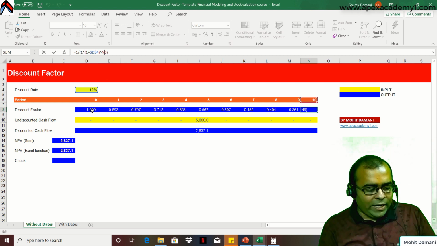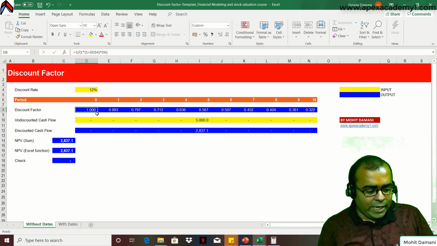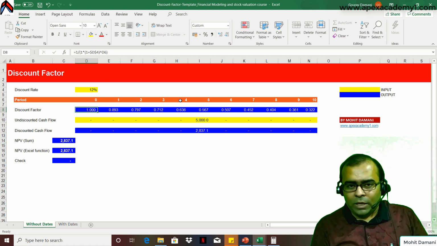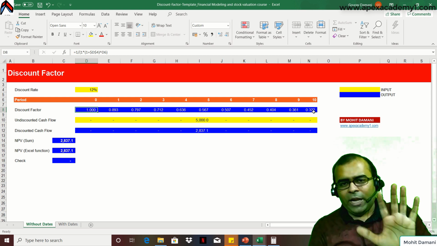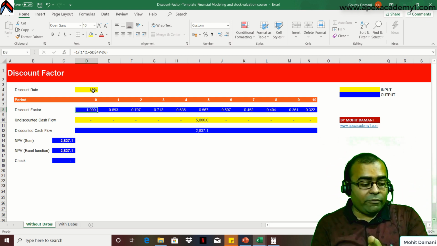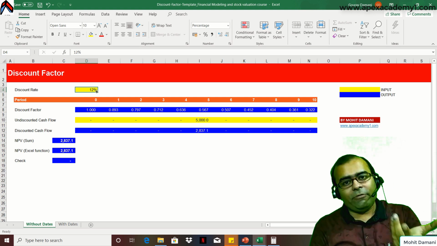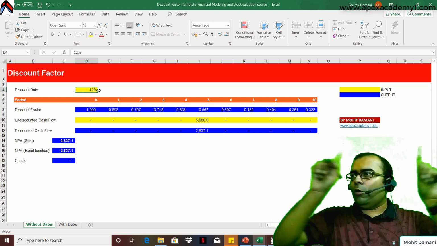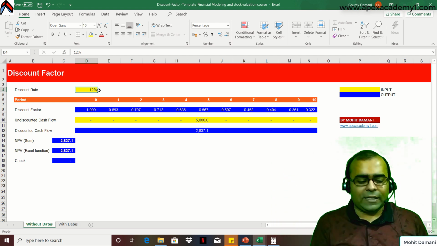See, understand, when I would have applied the formula over here and dragged it, I would have wanted the year to change as and when I drag it. Will I want to keep the year constant? No, because the year will keep on changing. However, will the interest rate also keep on changing? No, it will be constant, because 12% is applied throughout 5 years, throughout 10 years. So that same discount rate is getting applied.